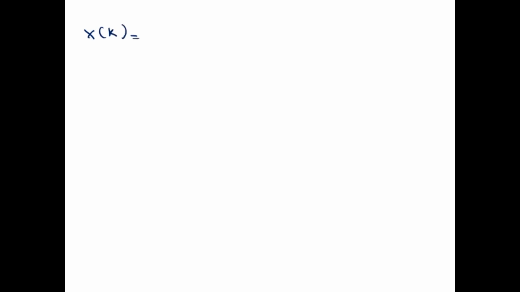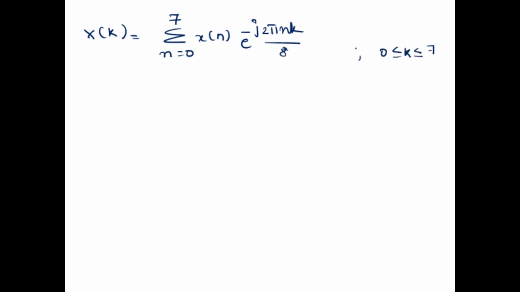X of k is equal to summation n is equal to 0 to N minus 1. Here N is 8, so it is x of n into e power minus j 2 pi nk by 8, n from 0 to 7, or summation n is equal to 0 to 7 x of n into e power minus j pi nk by 4.